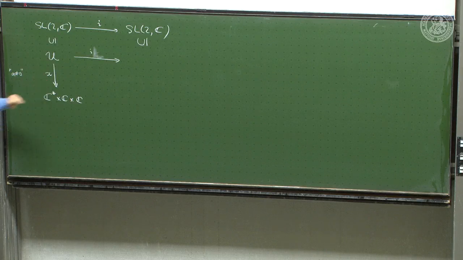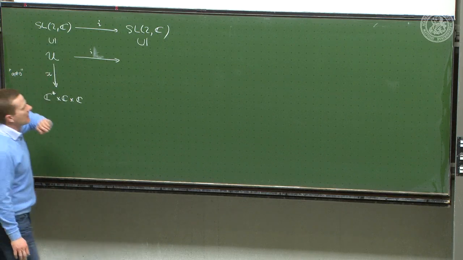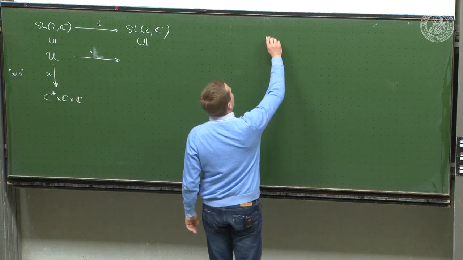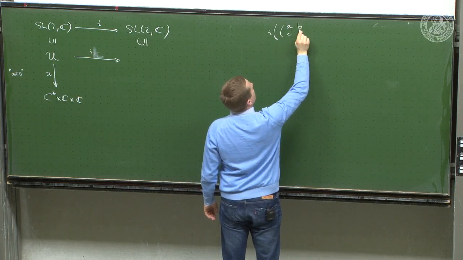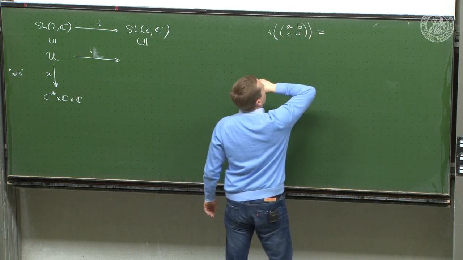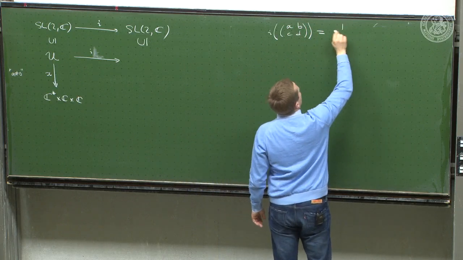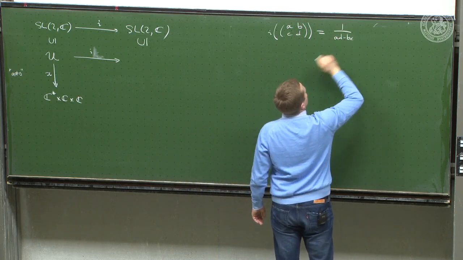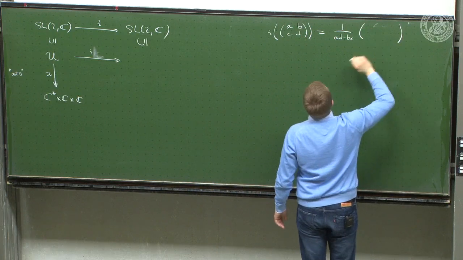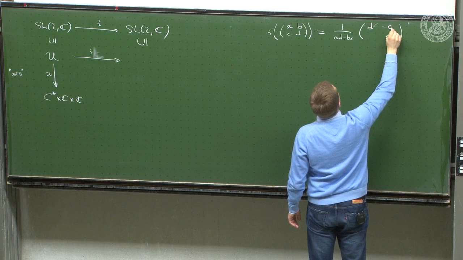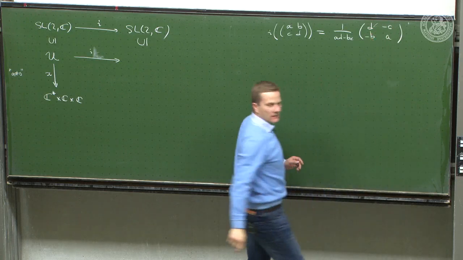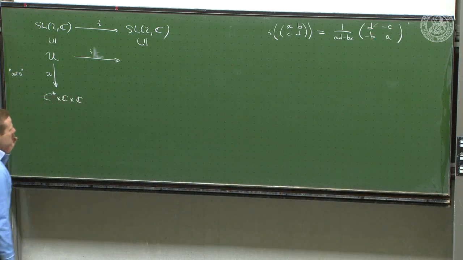Okay, that was this chart map. And so if we look at how this map I acts, now unfortunately I wiped it out, but was it not the case that this is A, B, C, D, and it maps this to 1 over AD minus BC of D, A, they exchanged, minus C, minus B. I think that's the inverse.